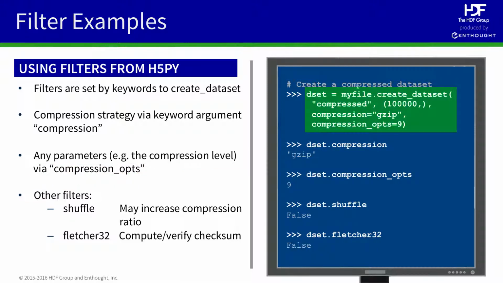Here, we're making a new dataset that has shape 100,000. We're specifying the gzip method, and setting the compression level to 9. Once we've created the dataset, we can check the compression property and the compression_opts property to see the strategy and the level in use. The create_dataset method also includes other keyword arguments, for example, shuffle and fletcher32, that correspond to other HDF5 filters. If you turn these on, h5py will add these filters to the filter pipeline.